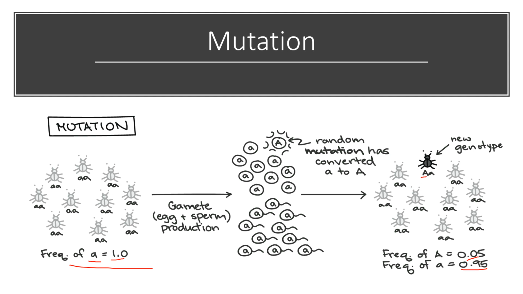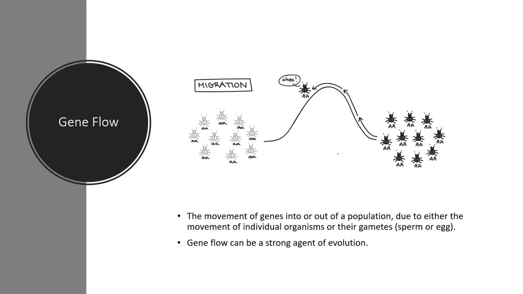When we're looking at gene flow, it's a little different. It's other alleles entering into the population, and it could be just the movement of individuals entirely.